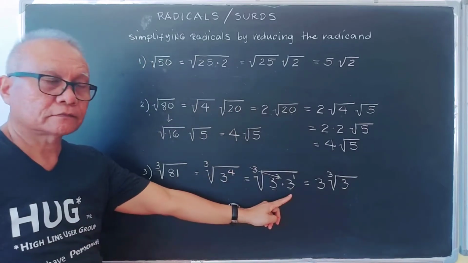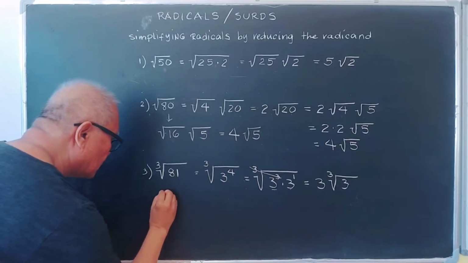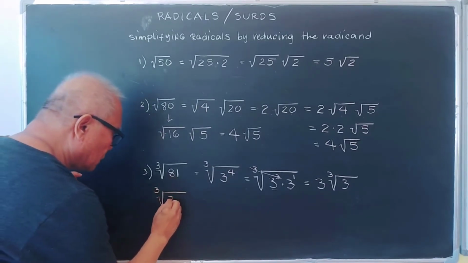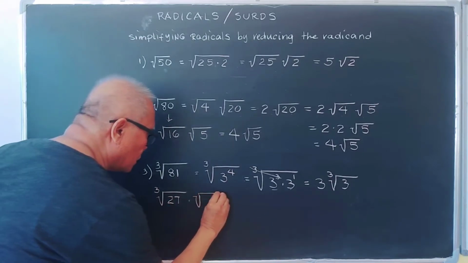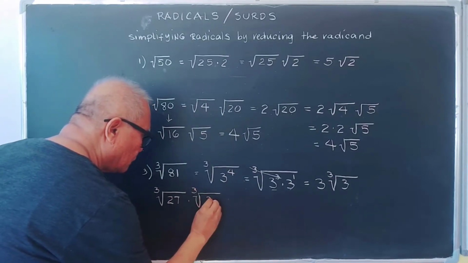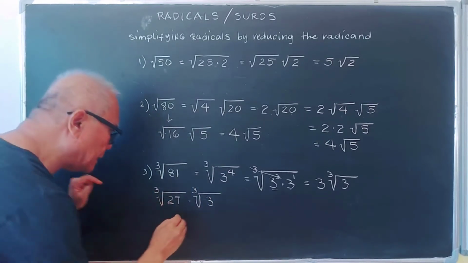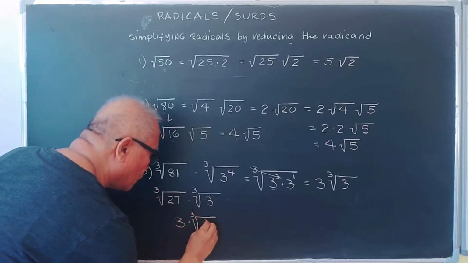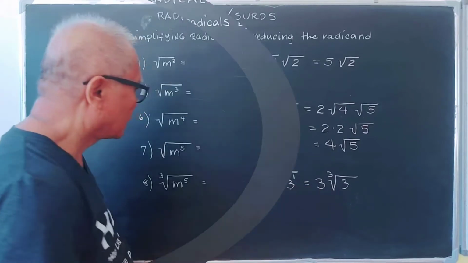Or we can break this one: the cube root of 81 is the cube root of 27 times the cube root again of 3. And the cube root of 27 is 3. So 3 times the cube root of 3, which is the same as our answer there.